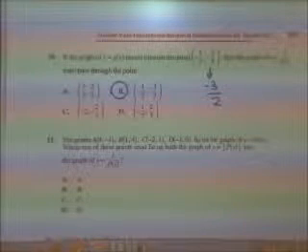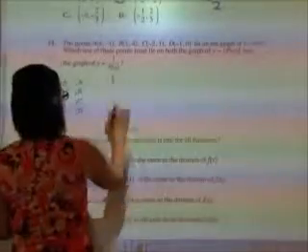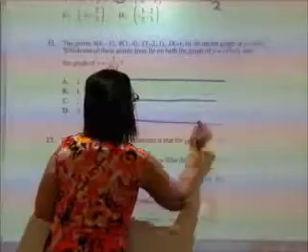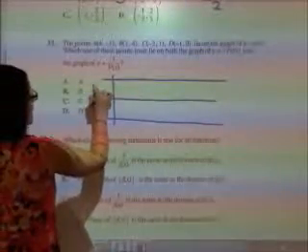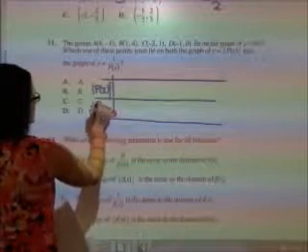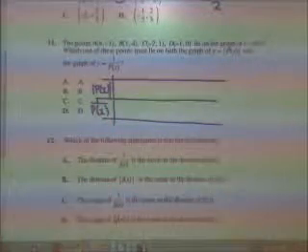Question number 11. The following points lie on the graph of P of x. And it says which one of these points must lie on both the graph of the absolute value of P of x and the graph of the reciprocal of P of x. So let's chart it out. I have the absolute value of the function and I have the reciprocal of the function.